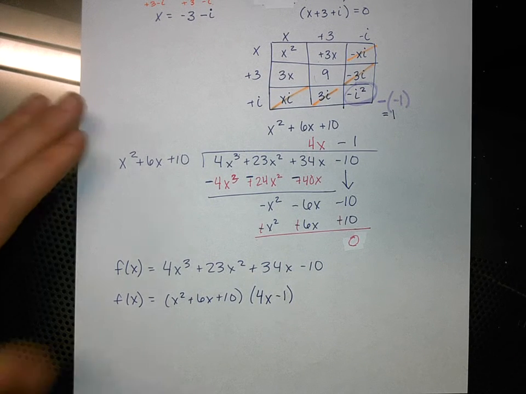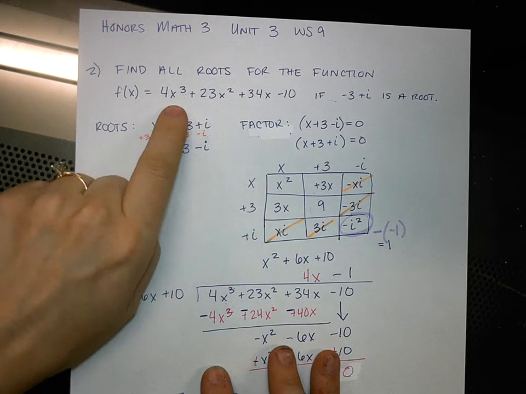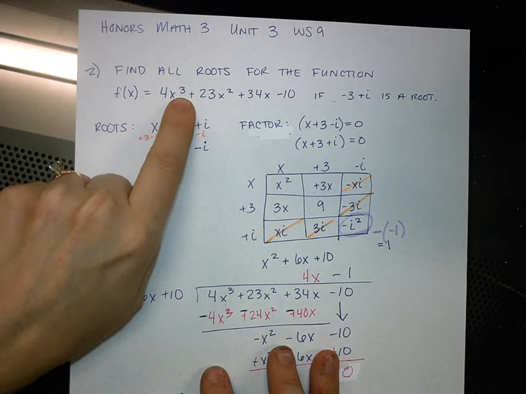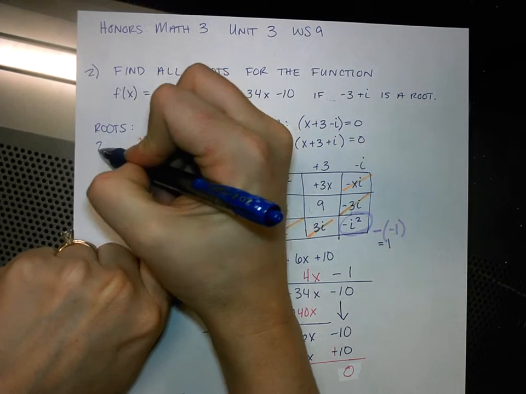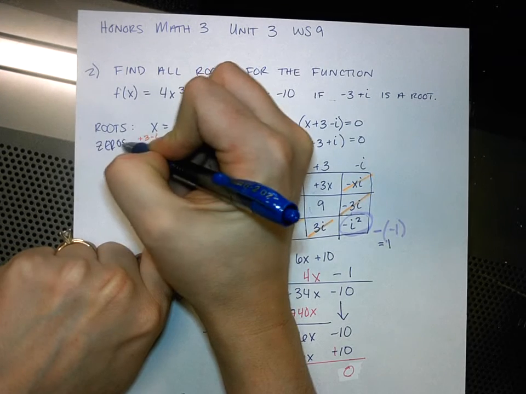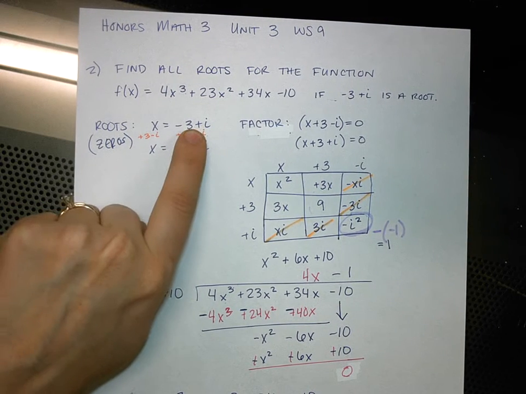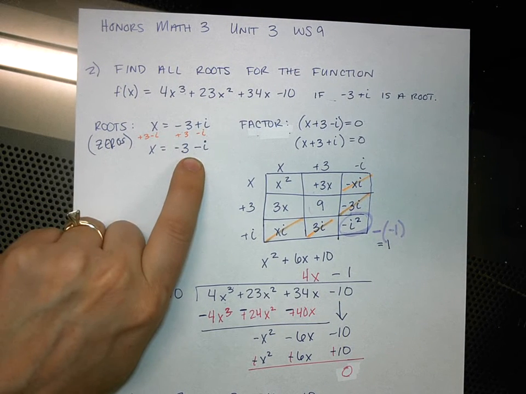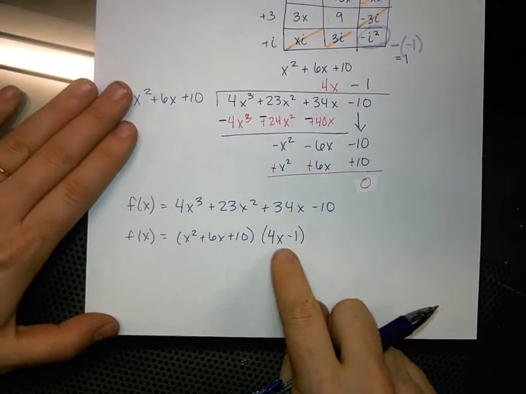The maximum number of zeros I can have for this function is 3 because my degree is 3. I already knew 2 of my zeros, or roots, either way, because I was given 1, and then I found the conjugate pair to find the second one. So I only have 1 more zero to find, which comes from this last factor.